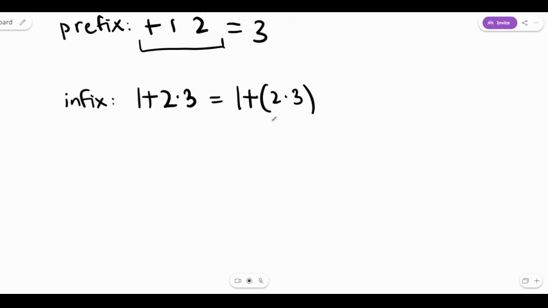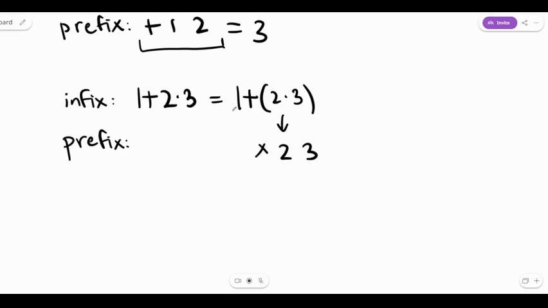When converting this to prefix, you would first take the expression inside the parentheses, since that's what you have to do first, and you put the operand and then the two numbers. So this means * 2 3. This part you have already converted to prefix.